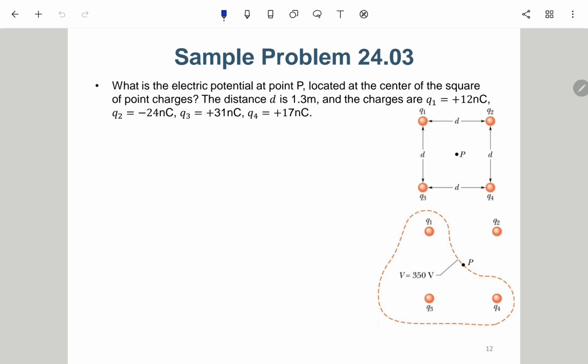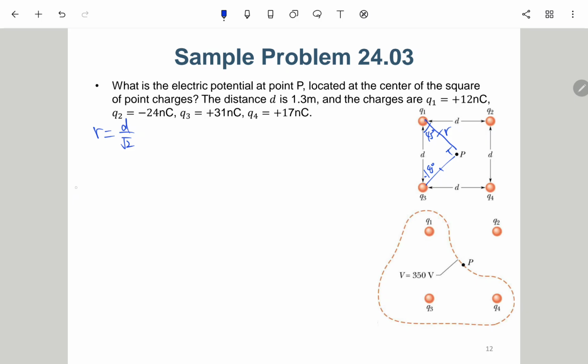So actually we need to know the distance R. Okay, this will be a right angle, and then this one and this one will be the same. This will be 45 degrees, this will be 45 degrees, and in such a way we will have R equals D over square root of 2.